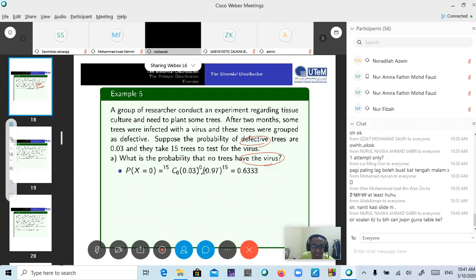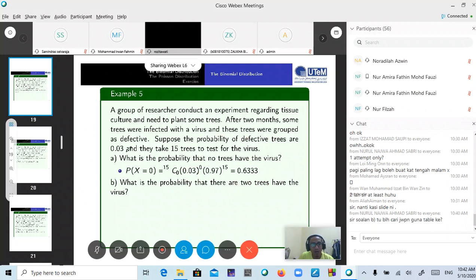The probability of success is 0.03 and the probability of failure is 0.97. This one you get from 1 minus this one. So you can get 0.97, and after you calculate this one, you can get 0.93333. Okay?